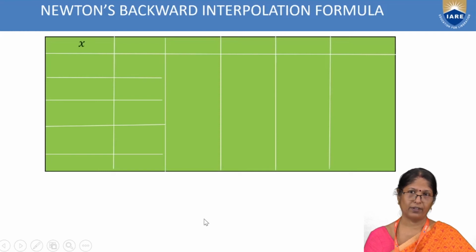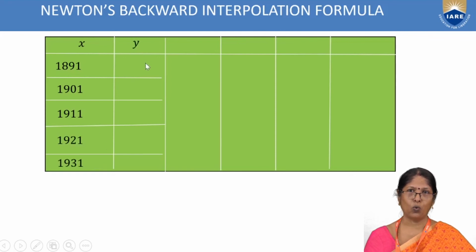Under x we write 1891, 1901, 1911, 1921, 1931. Next, under y we write 46, 66, 81, 93, and the last one is 101.